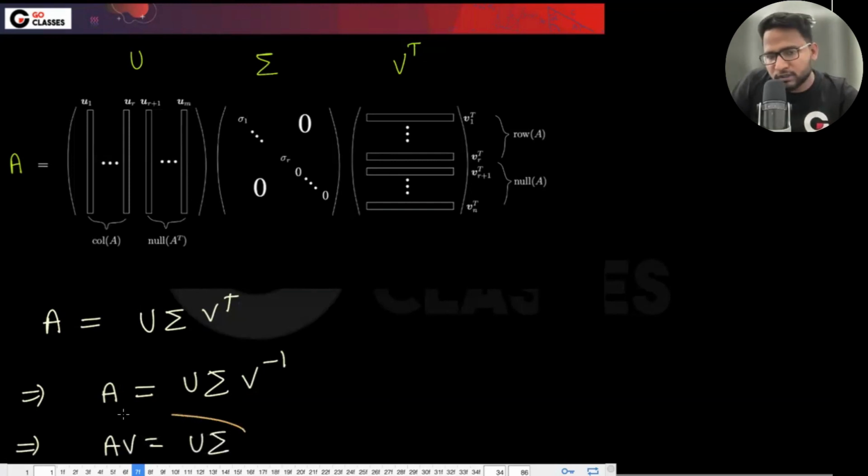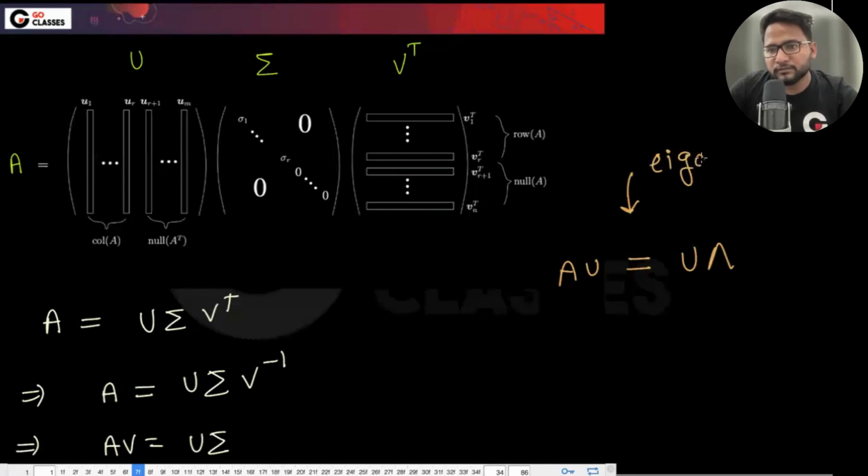Is this almost similar to eigenvalue decomposition? Yes. In eigenvalue decomposition, we have A times an eigenvector matrix equal to U lambda. Do you remember this? How many of you remember?